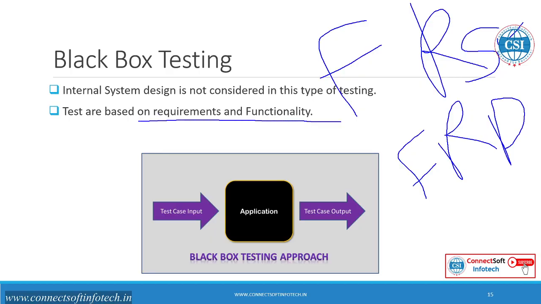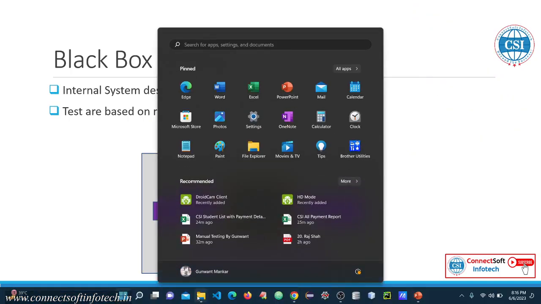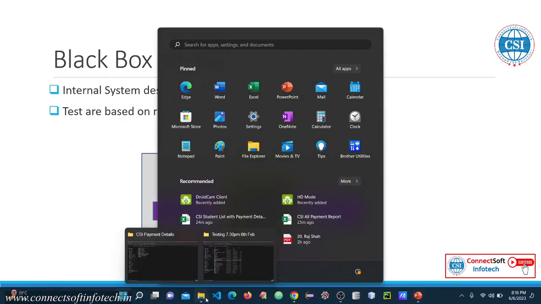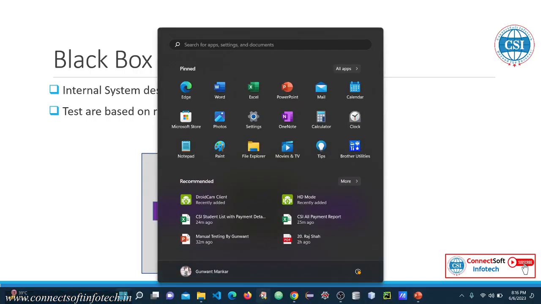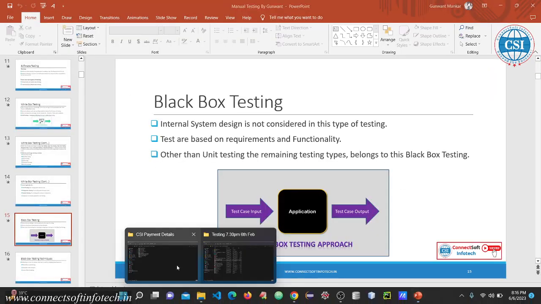All these requirements and functionality are described in the FRS. So as per the functional requirement, we are going to test the application. That is why testers are involved here, to check the functionality of the application.